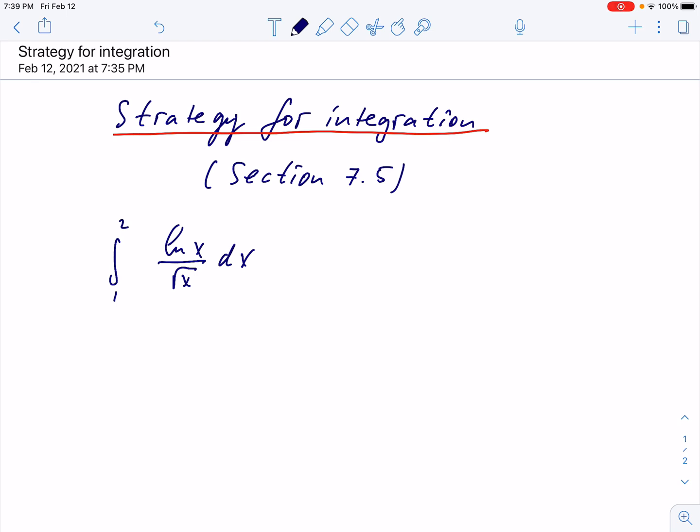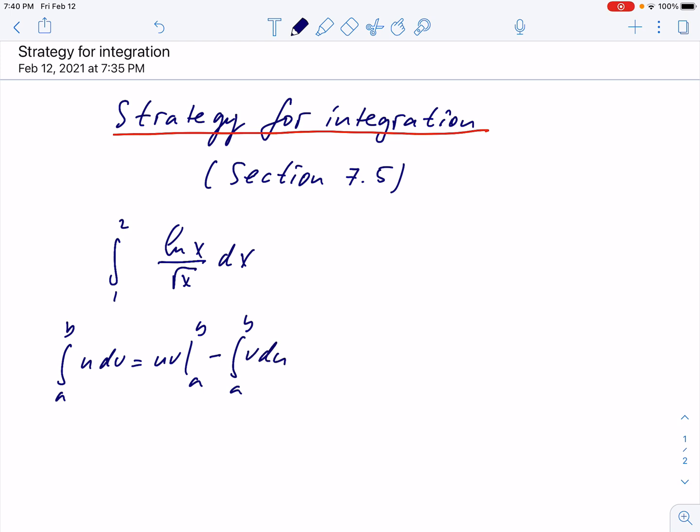So here again is the formula for integration by parts. If you have integral with limits a to b, u dv, you go uv between a and b minus integral v du.